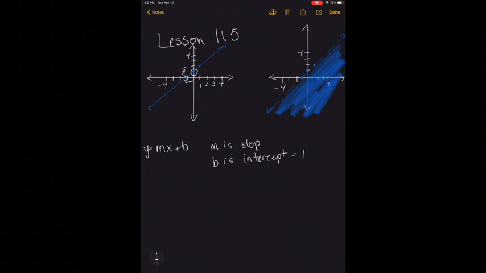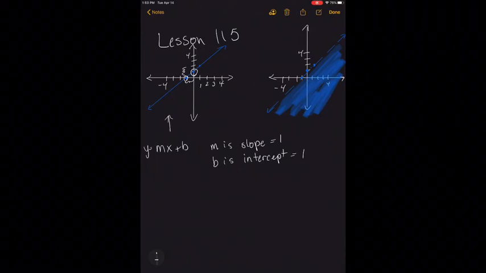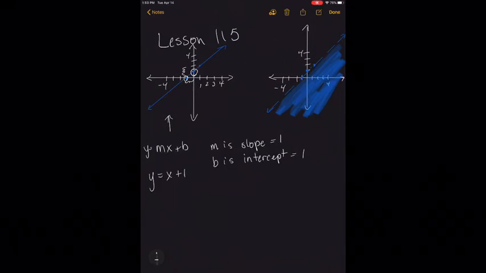Since it's rise over run, we know that our slope is 1 over 1 or just 1. All right, so the equation of this line here is y equals x plus 1.